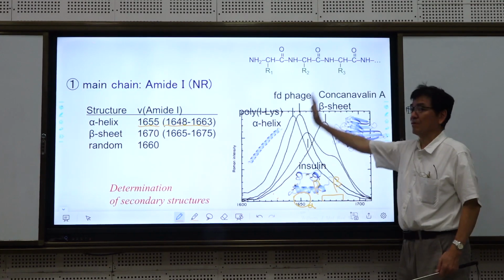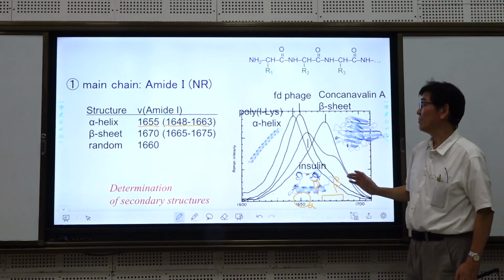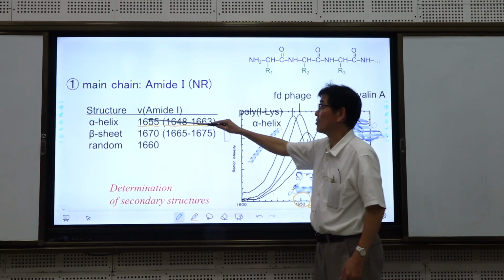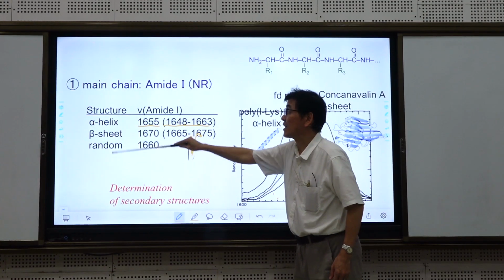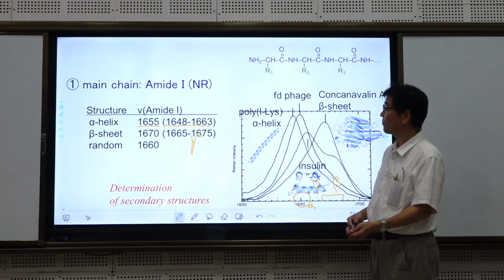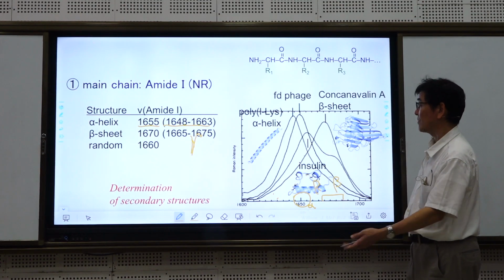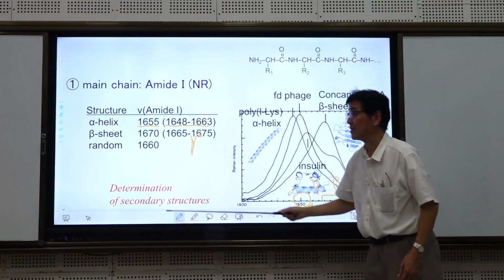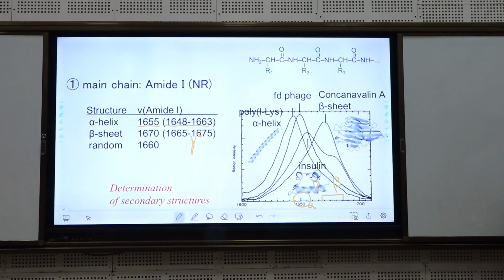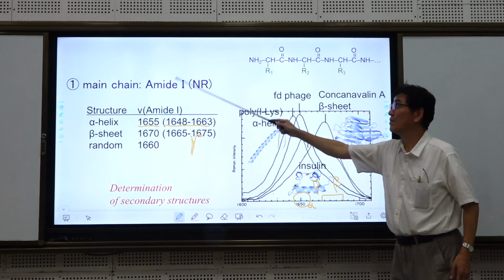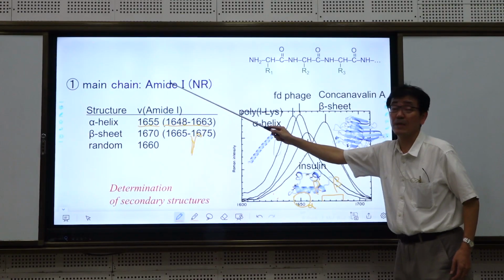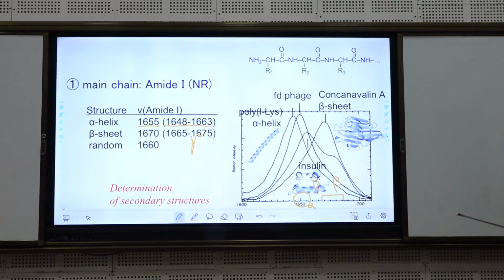So by checking the peak position of the amide 1 band, we see what the predominant secondary structure is. Okay, so the amide 1 peak is useful to determine the secondary structure. This is one key band to analyze the protein structure, in particular peptide main chain structure.